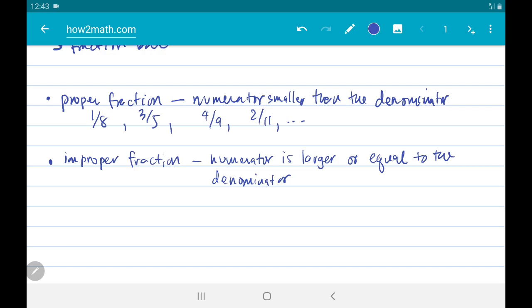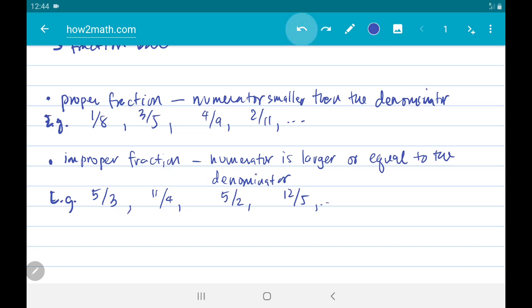So this time the numerator is larger or equal. Examples: 5/3, what else? 11/3, 11/4, 5/2, 12/5, and so on.